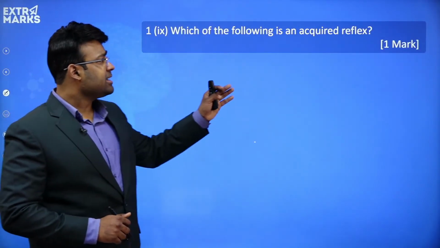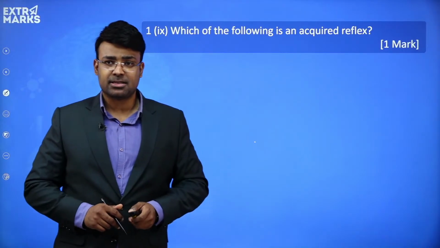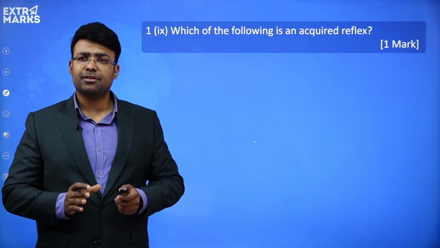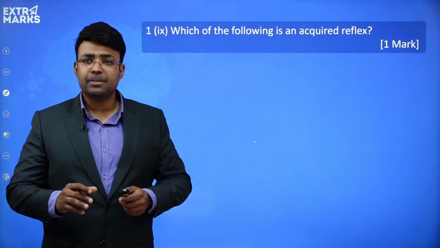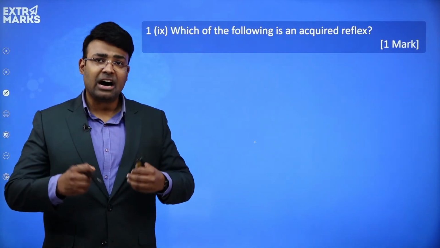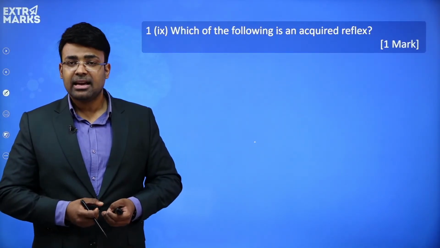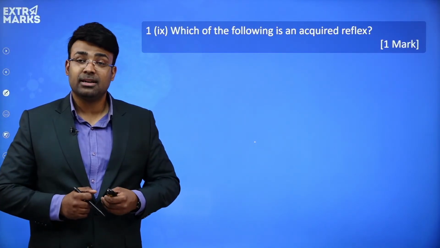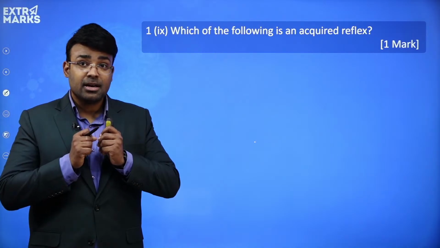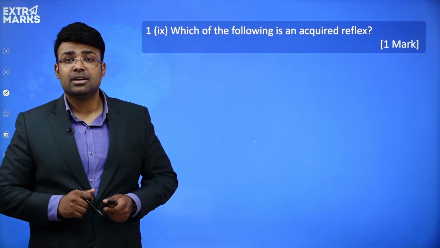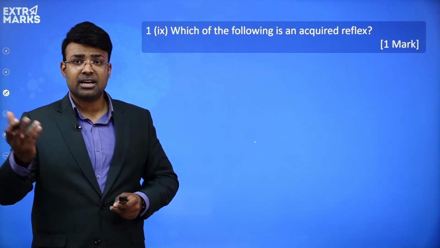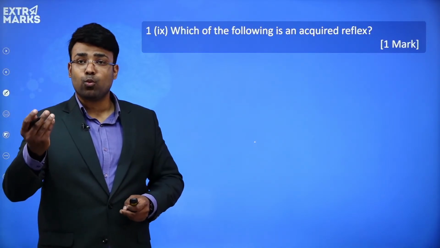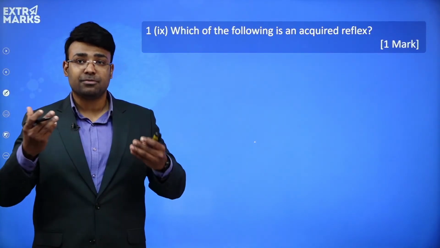Which of the following is an acquired reflex? An acquired reflex is a kind of reflex which we get after birth. Some reflexes are there that we are born with. Like if some object comes at a fast speed, or sand or wind comes into our eyes, then we close our eyes.